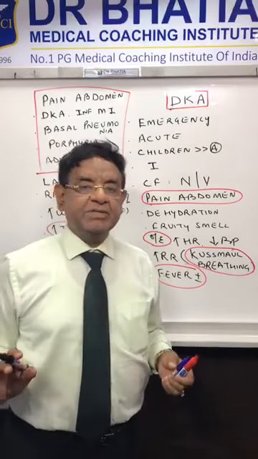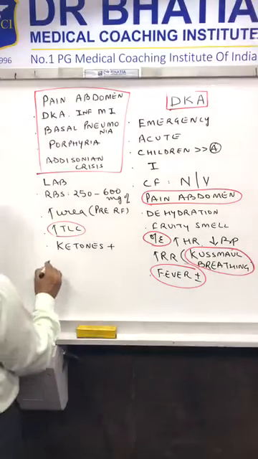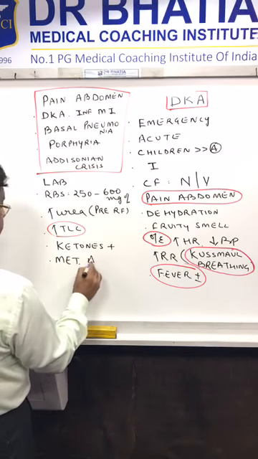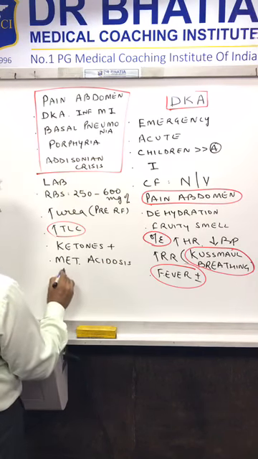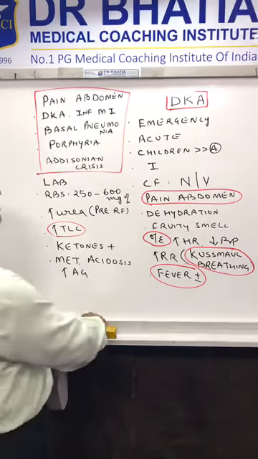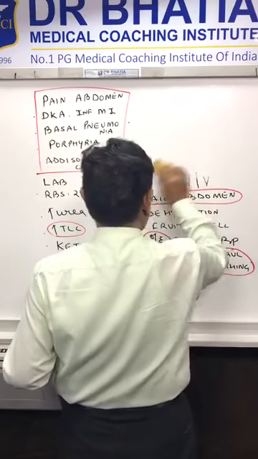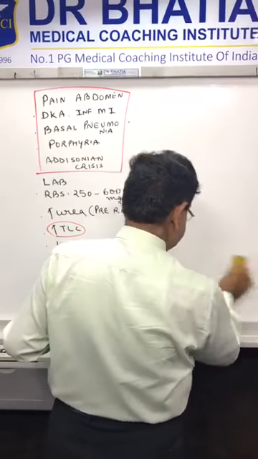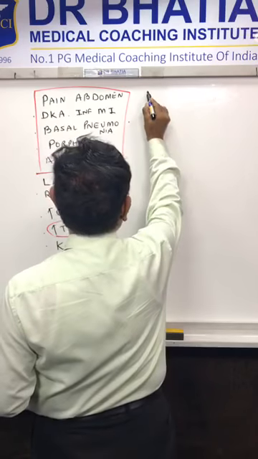Ketones are negatively charged particles. Due to this, the patient has metabolic acidosis with increased anion gap. Patient also has pseudohyponatremia.